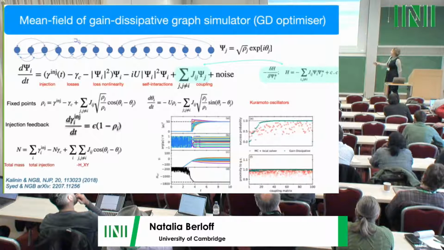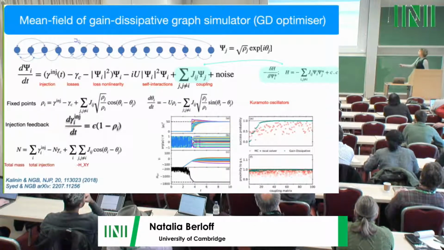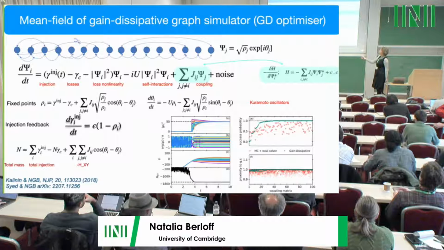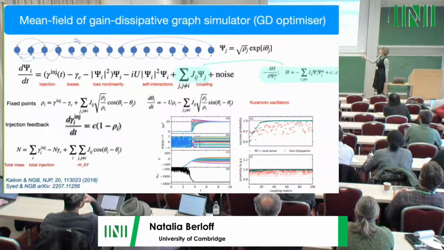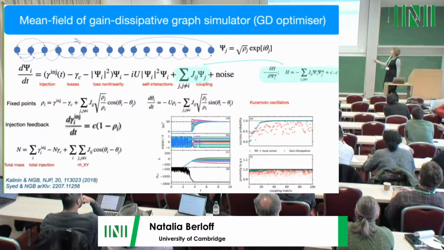However, the couplings between the elements are modified by the amplitudes. And you don't know these amplitudes before the fixed point is found. And also, if we look at the dynamics of the phases, again, we have something that is very similar to the gradient of the XY Hamiltonian. However, again, these couplings are modified.